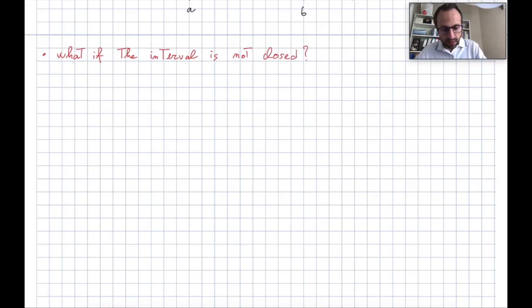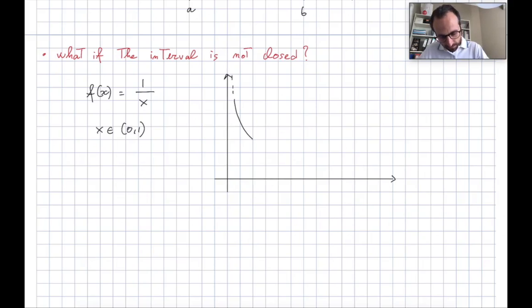Well, also in this case, it's not difficult to draw a function which doesn't satisfy the statement of the theorem. Let's take 1 over x, and let's take x in (0, 1). Well, the graph of this function is the following. So 1 is excluded here.